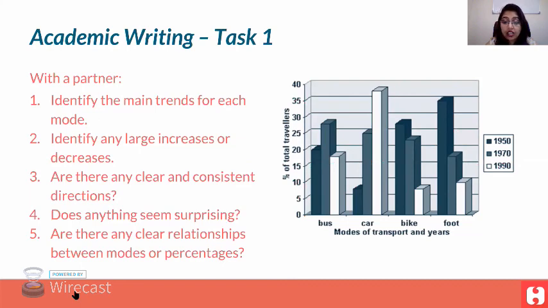Does anything seem surprising? Yes, I am very surprised at the usage of the car. Maybe he bought a new car in 1950, and then got used to it in 1970, and then used it diligently in 1990.